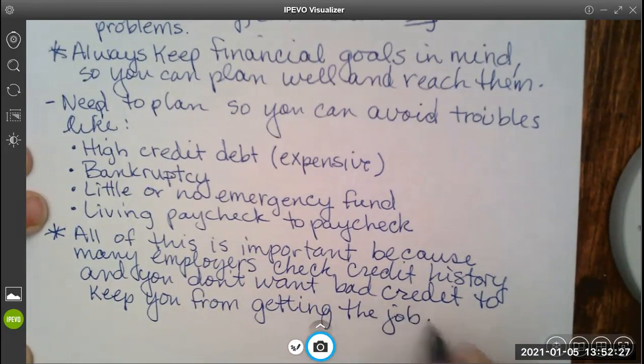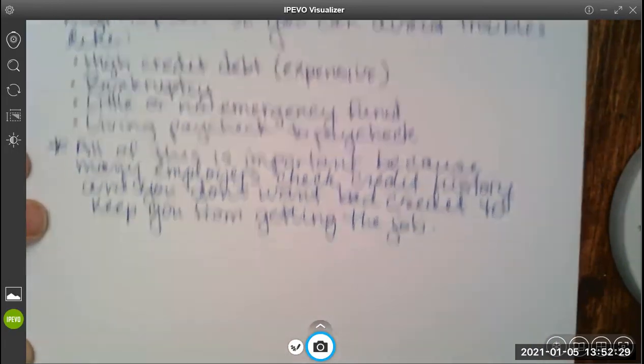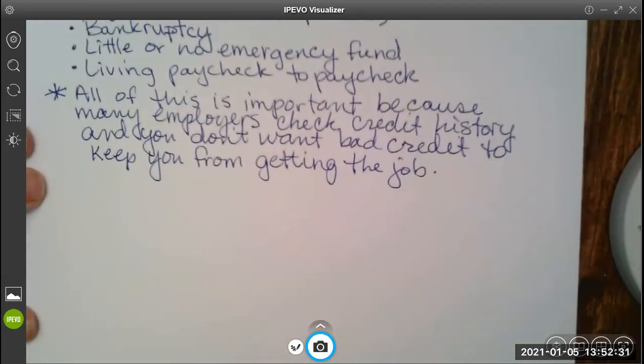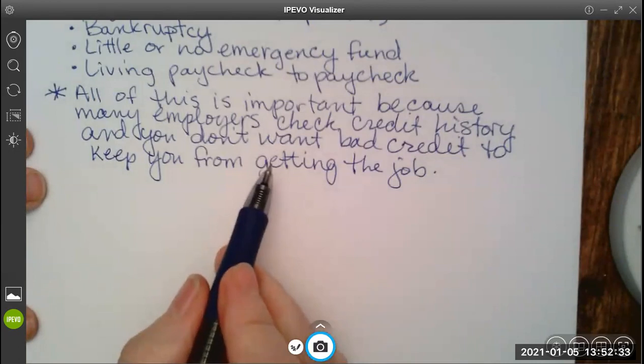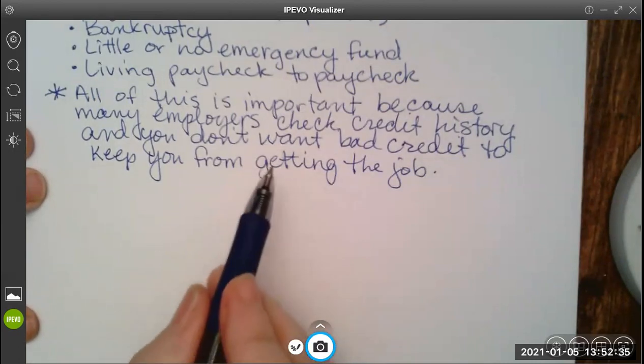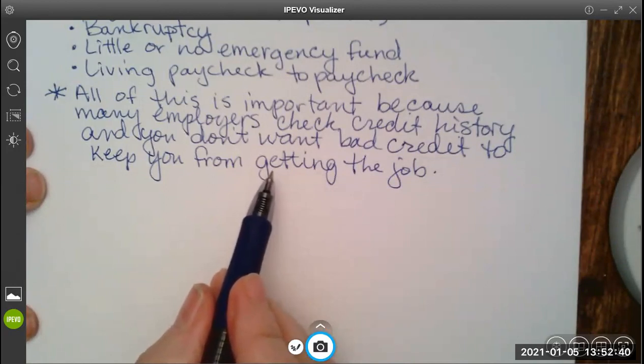Okay. All the big jobs that are worth a lot of money, they check your credit. If you can't manage your money, they're not going to trust you to manage theirs.